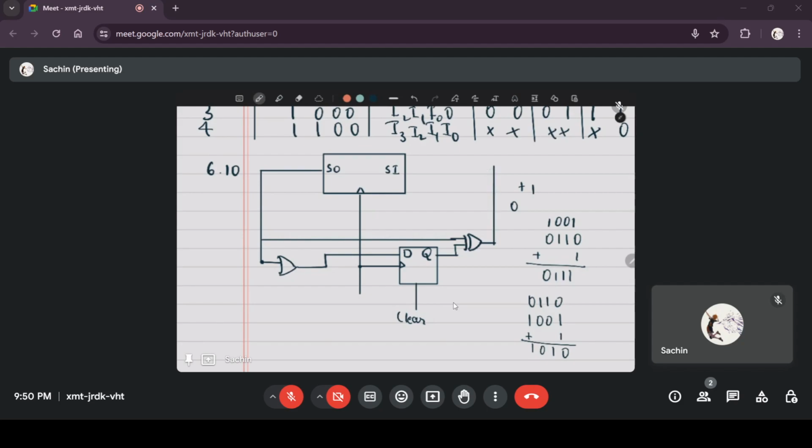The serial out is, at the initial stage, the LSB. The LSB XORed with 0 is nothing but the LSB itself. So the initial output is the LSB itself, which is exactly what we want.